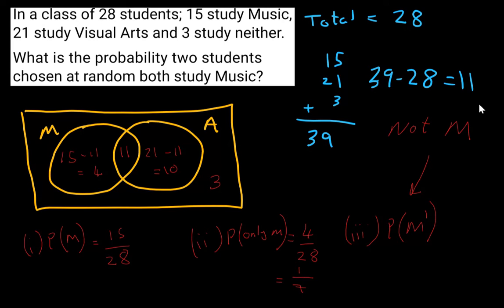Okay, the probability of not music, that is everything apart from music. So everything apart from music is going to be 13 over 28. So I can shade that region in now. So not M is going to be this region, which is 10 plus 3, which is 13.